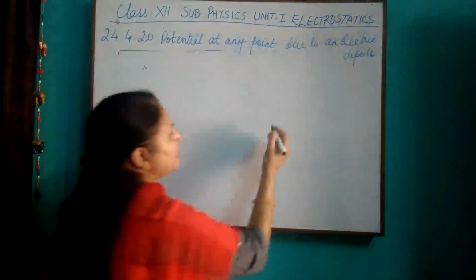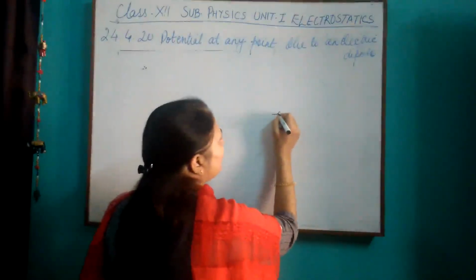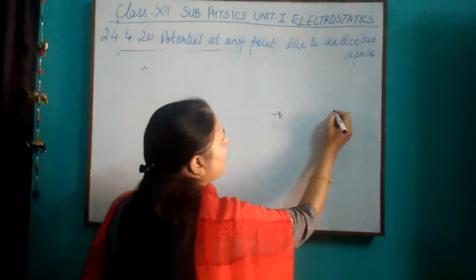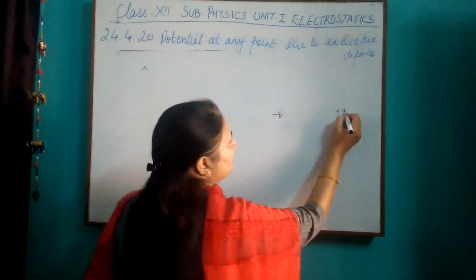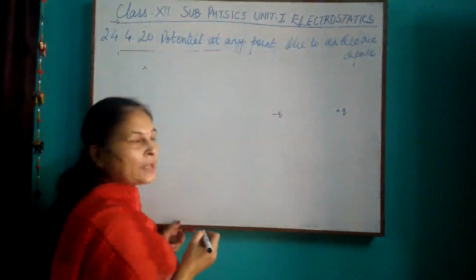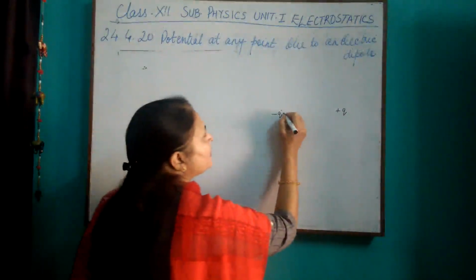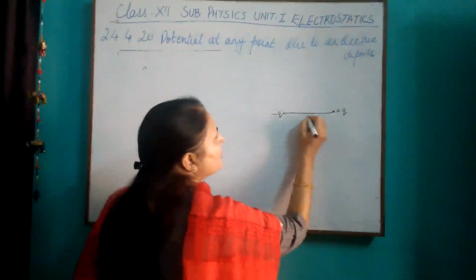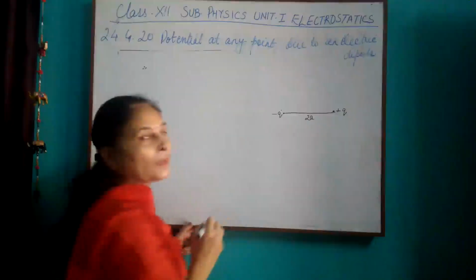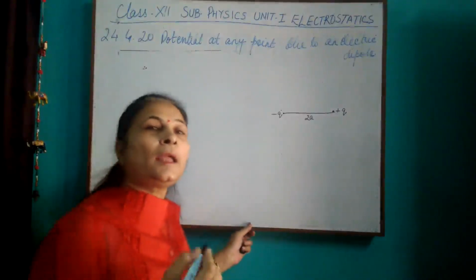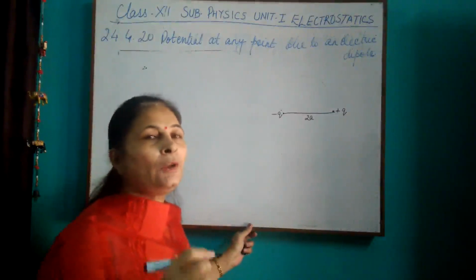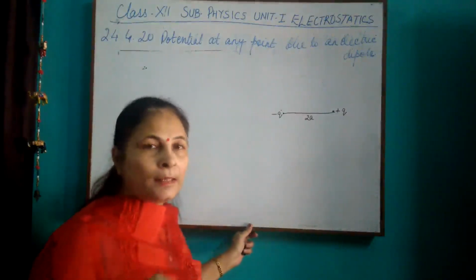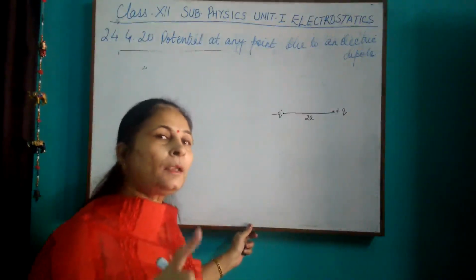Now let us consider the electric dipole again. This is minus charge and this is say plus charge. The distance between the two is say 2a. Let us consider any point. Any point means I will not take it exactly on the axial line or on the equatorial line.